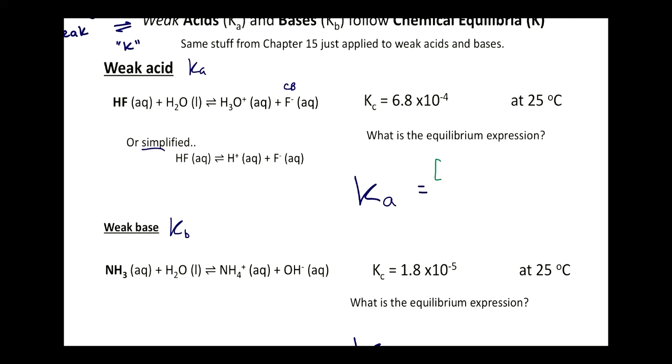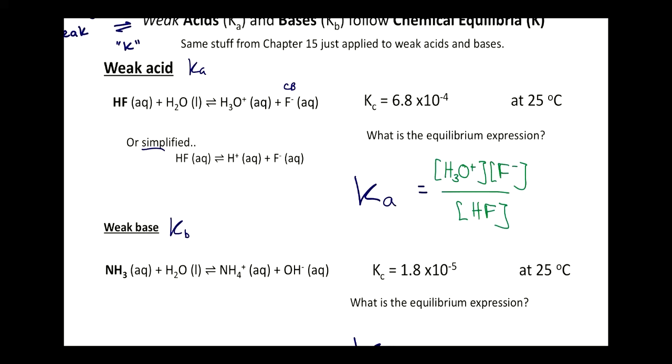So we never have those dumb exponents that we forget about sometimes. So what's nice is everything is a 1-to-1 ratio. So when we do products over reactants, let me do the top one first. So it would be hydronium cation, the other product is fluoride anion, that's the conjugate base, over the concentration of HF in this solution.